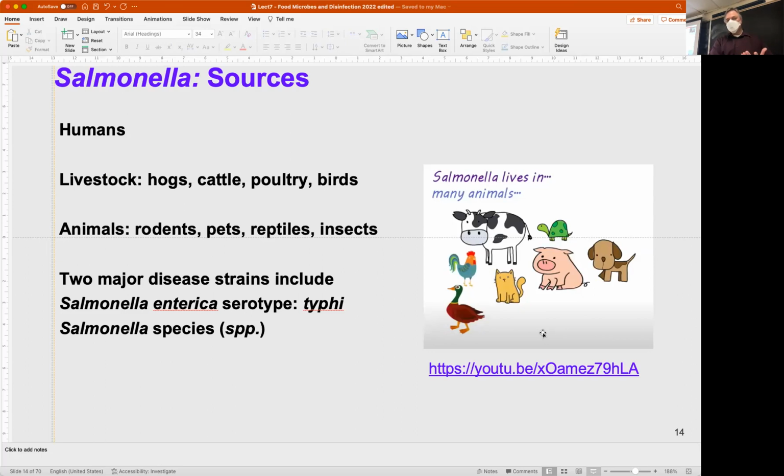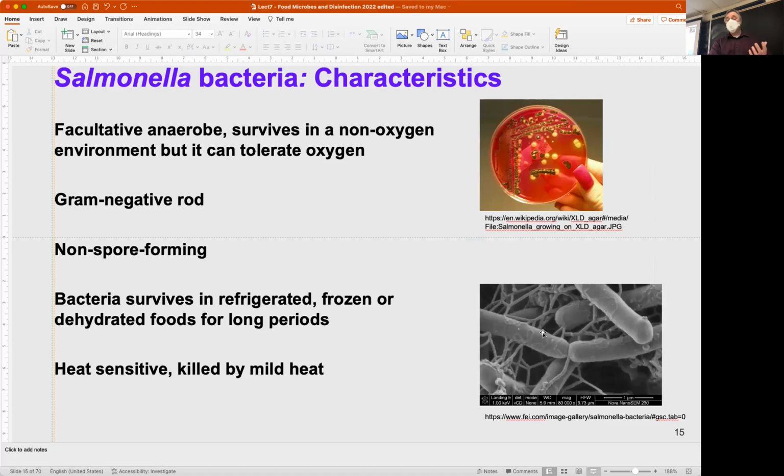So it can come from animals, and there's two strains. There's Salmonella enterica typhi, the agent responsible for the disease known as typhus. And then there's Salmonella species, which, if you get this general species, can be referred to as Salmonellosis.